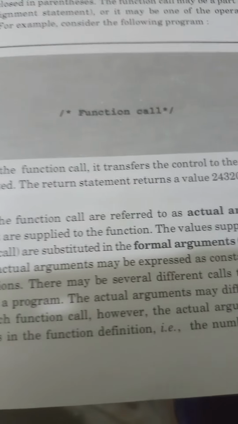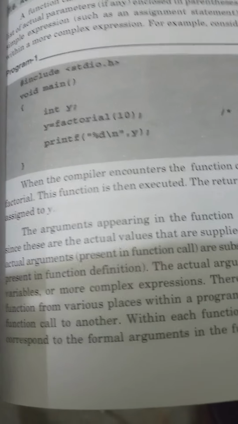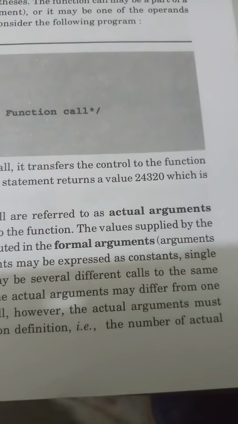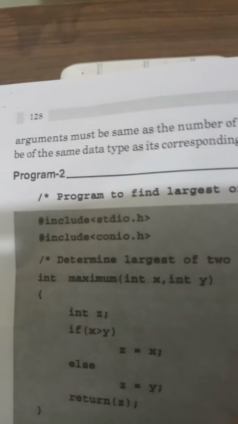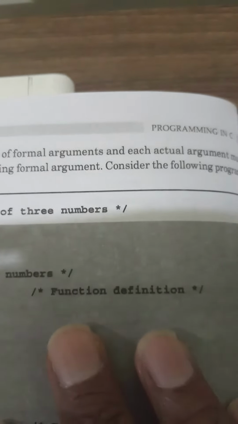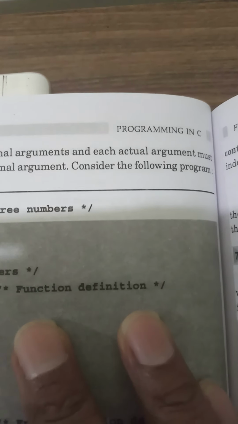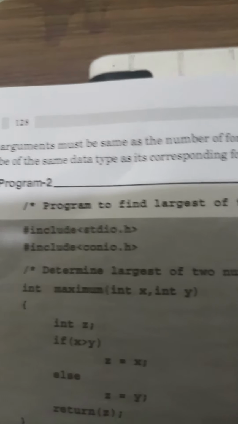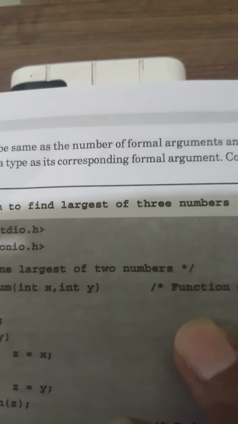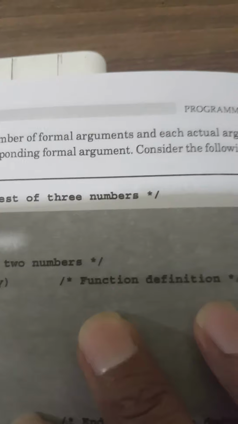Within each function call, the actual arguments must correspond to the formal arguments in the function definition, that is the number of actual arguments must be same as the number of formal arguments, and each actual argument must be of the same data type as its corresponding formal argument.